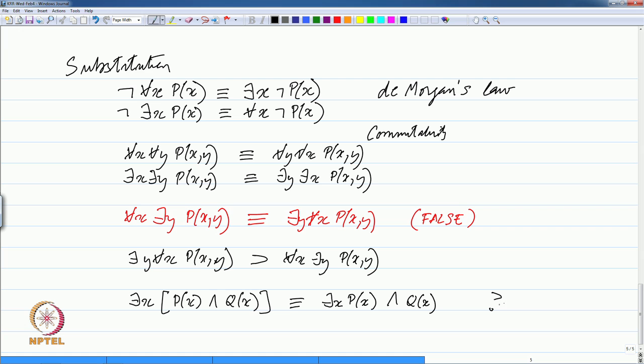So, I am leaving this as an exercise. Okay. So, look at both the quantifiers, the universal quantifier and the existential quantifier. Look at these common connectives, which is and or, and try to see which sets of formulas are equivalent essentially.